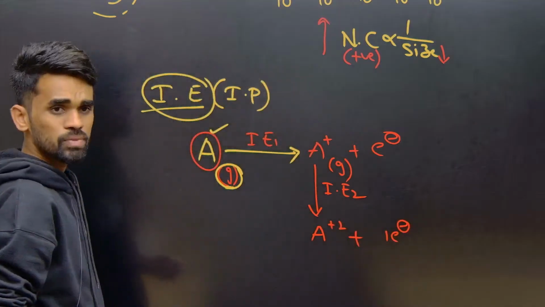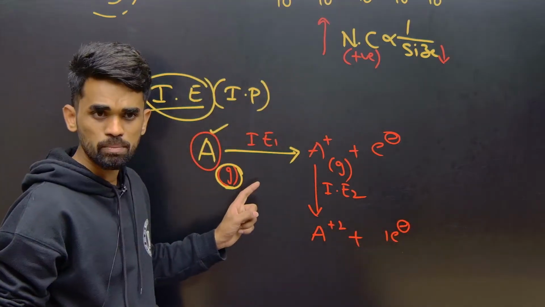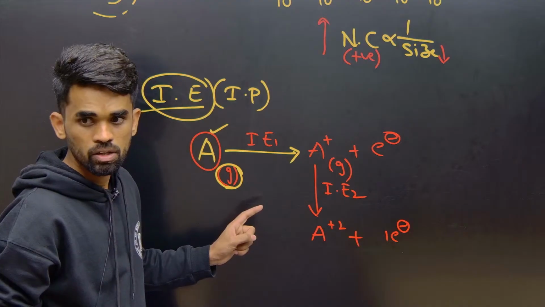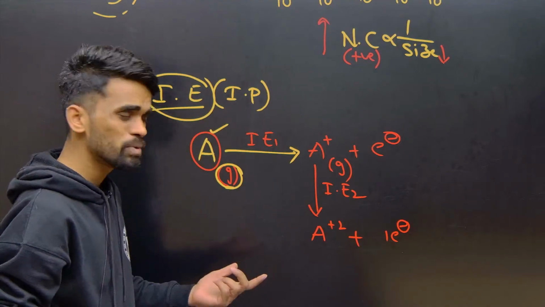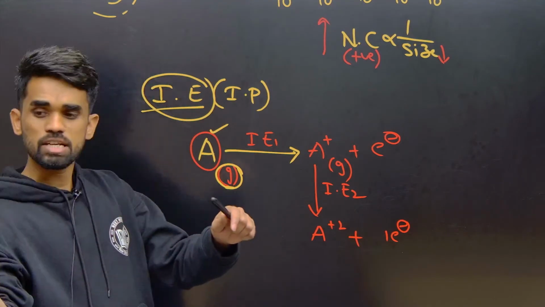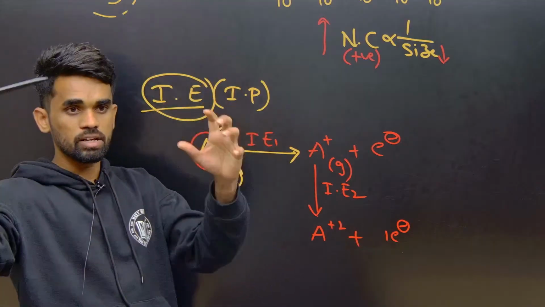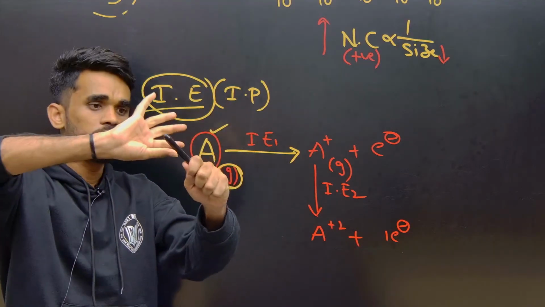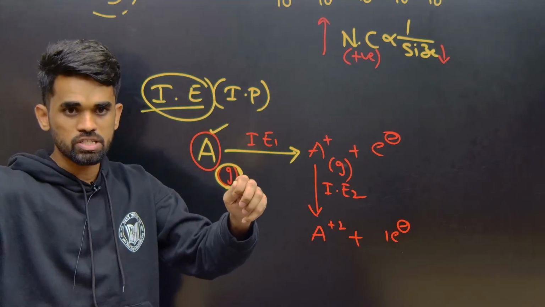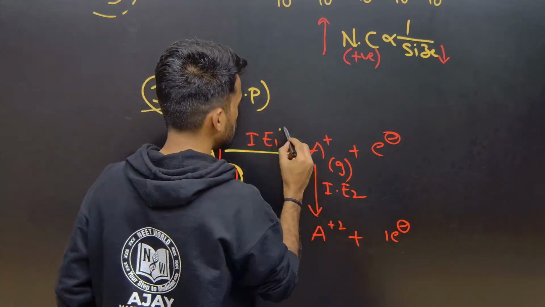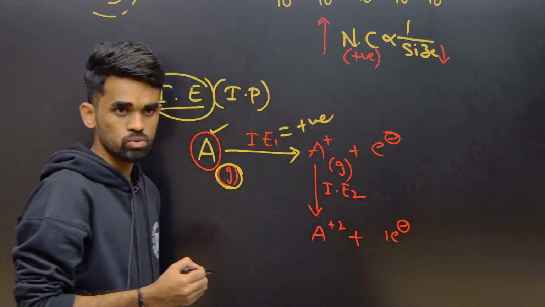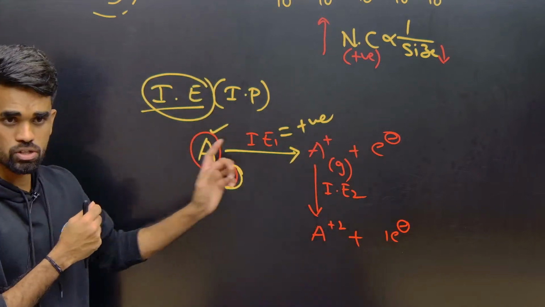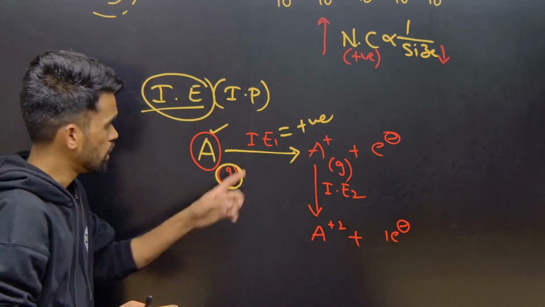Tell me whether it is exothermic or endothermic. Yesterday we discussed, what do we mean by endothermic? We are supplying energy to pick out this electron. In an atom containing an electron, in order to remove this electron we are supplying energy. So delta H is positive, enthalpy is positive, so I can say it is an endothermic process.